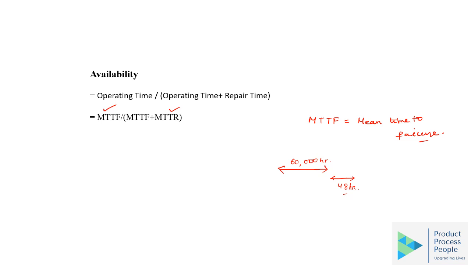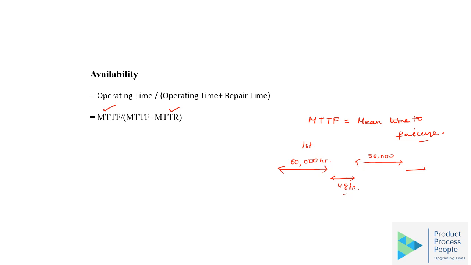So this 60,000 hours is for one instance, right? Say this is the first instance. After 48 hours, the valve is again taken into operation, and it will be working again for some time. It may not be exactly 60,000 hours. Maybe next time it will be say 50,000 hours.